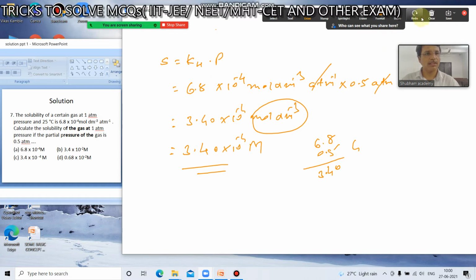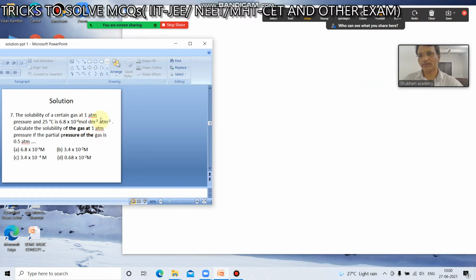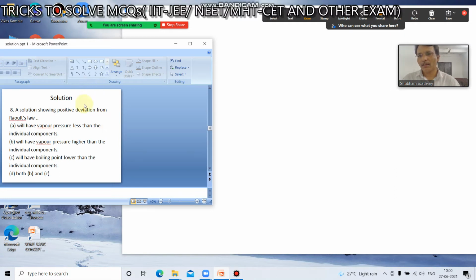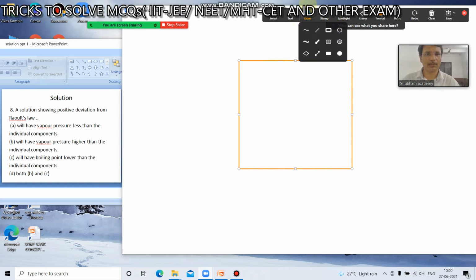Now friends, the next question, question number 8. The solution showing positive deviations from Raoult's law. First of all, let me explain what is meant by positive deviations, and for that purpose you should know the graph for the ideal solutions.